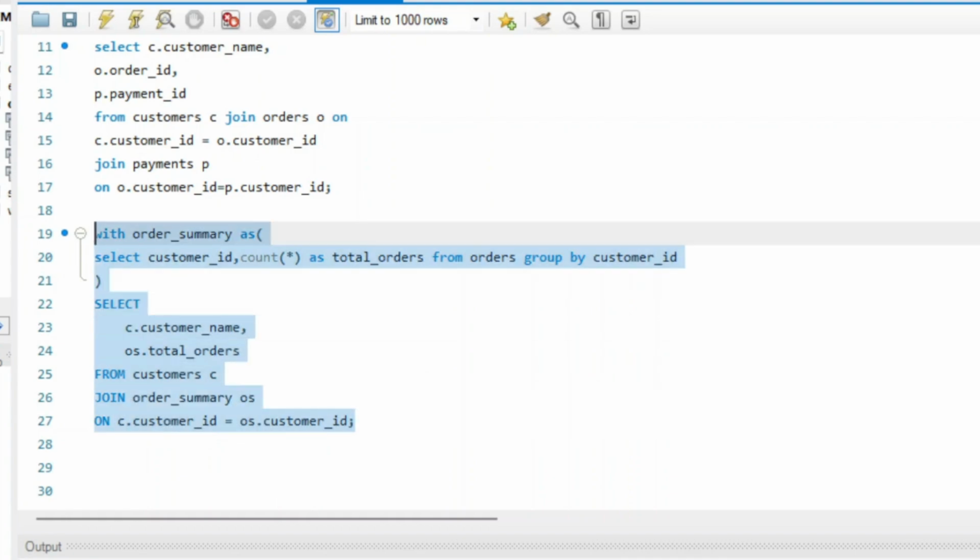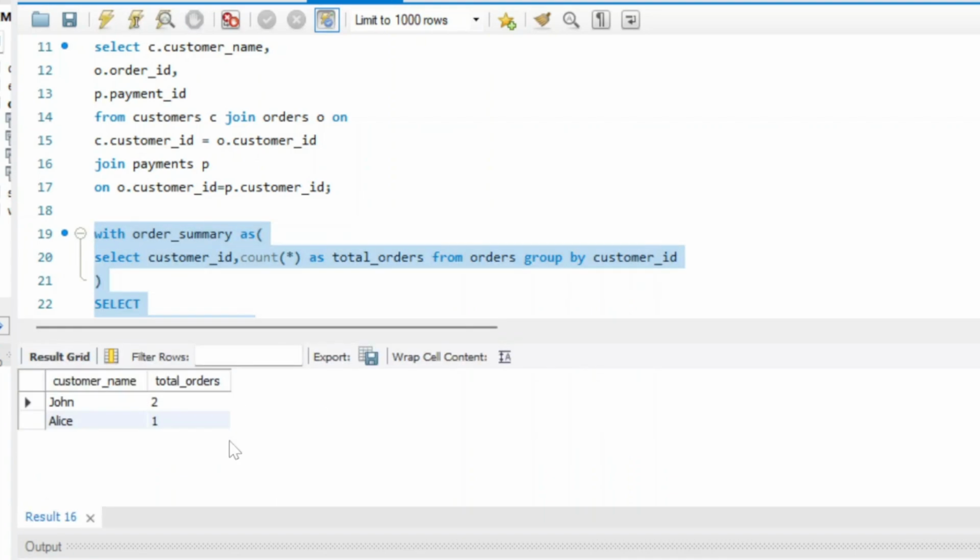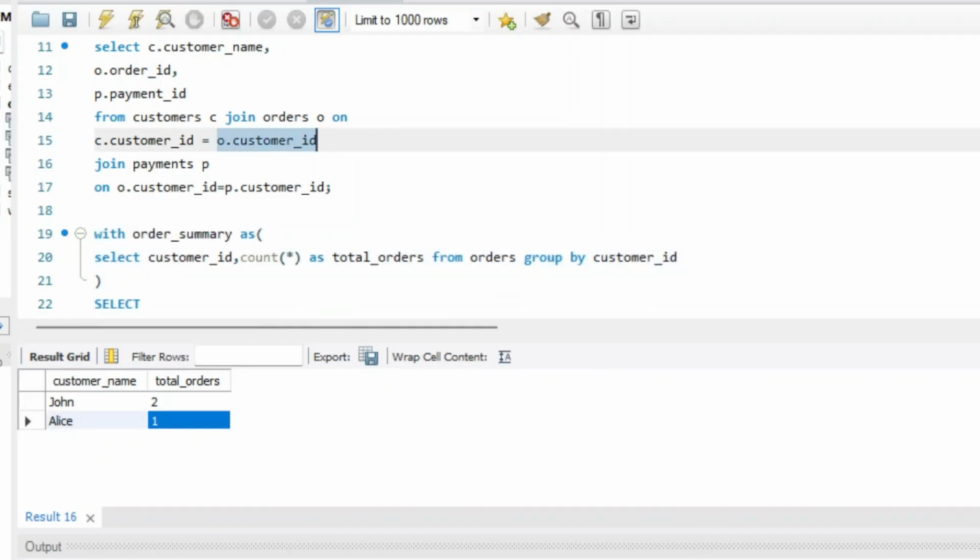Now let's run this combined query and see the output. Earlier we were getting 2 rows for John, but this time the query summarized it before the join operation. So John has a total of 2 orders and Alice has 1 order. After using this GROUP BY, we have condensed John's multiple orders into a single row.